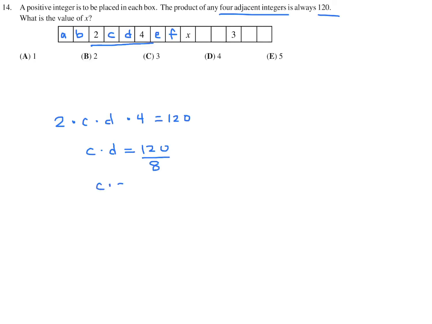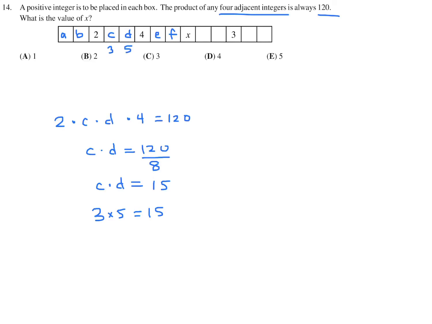So C times D is equal to 15. So if there are any integers that when you multiply them together give you 15, well, 3 and 5, that would work like that. So that means C can be 3 and D can be 5.